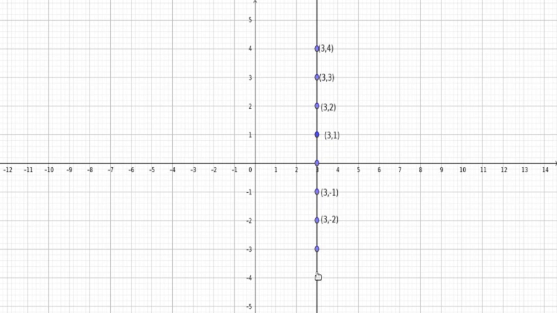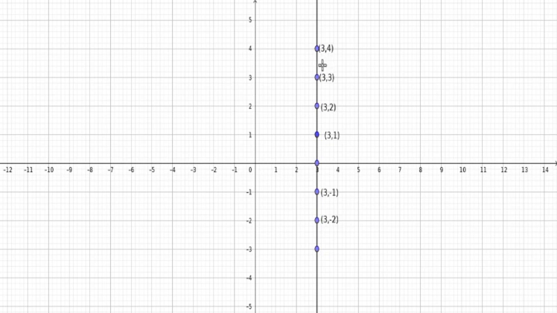So, what is special about the x coordinates of these points? See, in all the pairs, the x coordinate is the same. That means the x coordinate is a constant. If we draw a line parallel to the y-axis, the x coordinates are the same on that line.